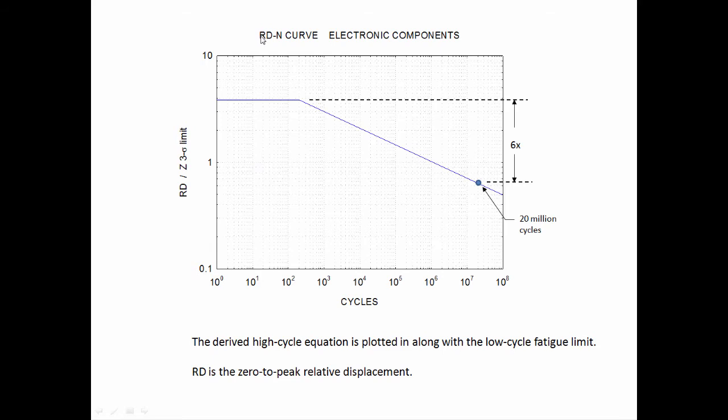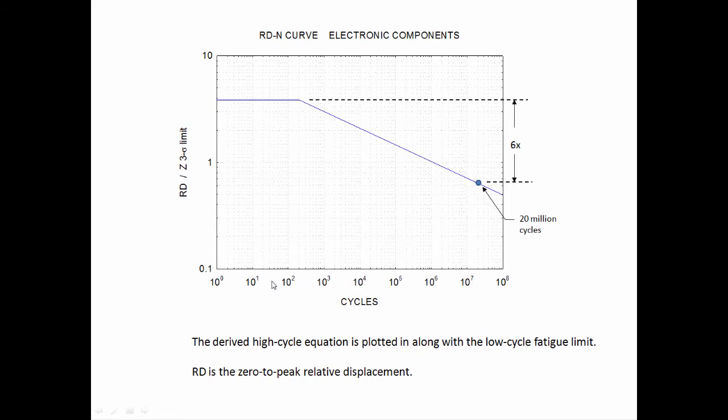So the title of this curve is RDN, that's the relative displacement cycle curve for electronic components. Along the y-axis we have RD, that's the rainflow cycle relative displacement, whatever it might be, divided by the Z 3 sigma limit. So this is a normalized relative displacement.